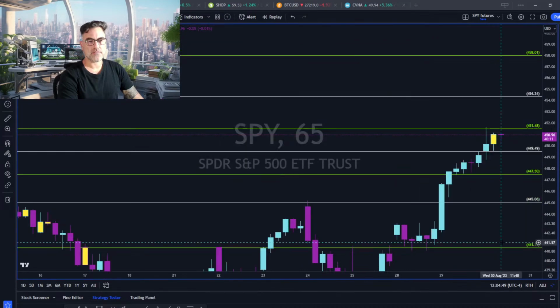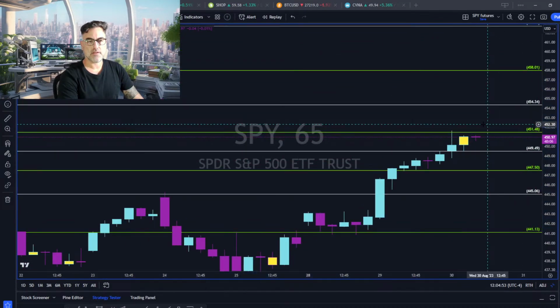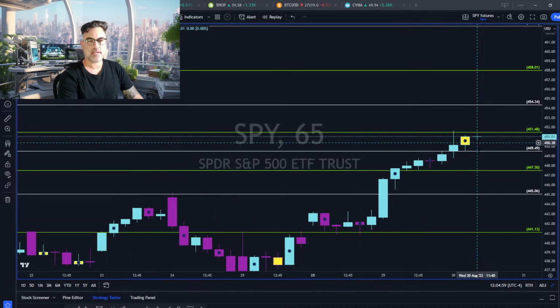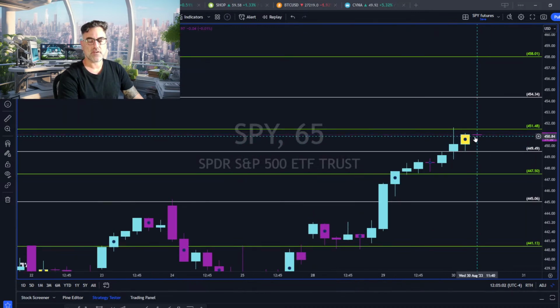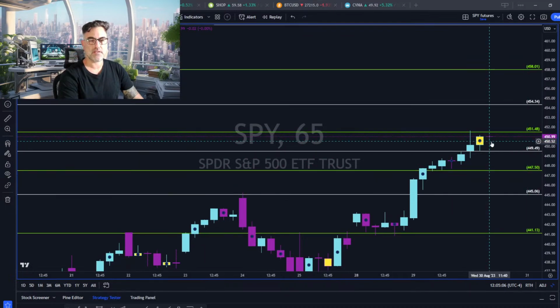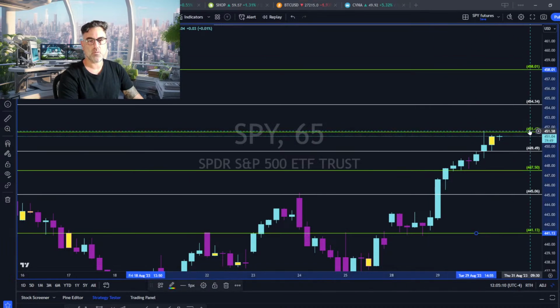On the 65 SPY, basically today, very tight price range. As you can see, 449.50 to the downside support, inside candle, and now 25 minutes ago we have started a new 65 minutes candle, very tight price range, long continuation above 451.50.